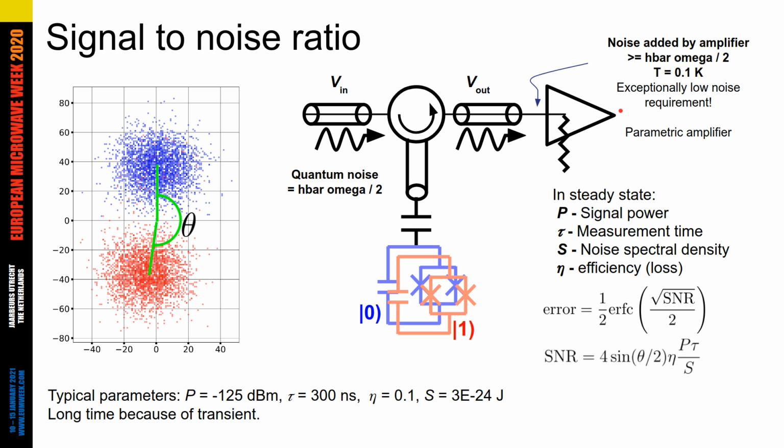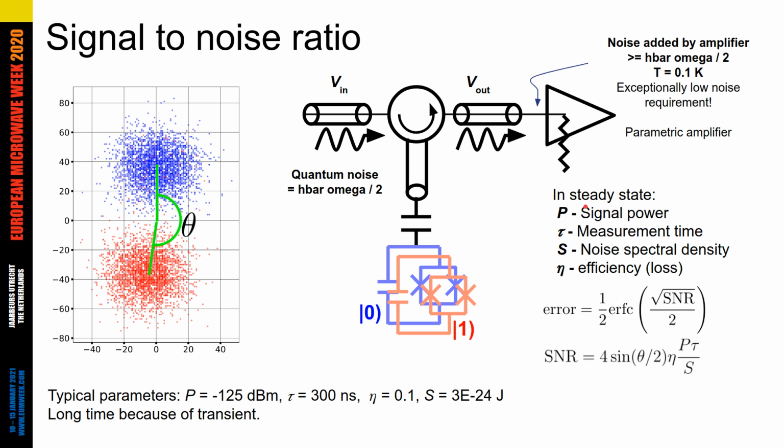But still, that's okay as long as we can realize something with this low noise bound. And in fact, we can. Using a parametric amplifier circuit, which is pretty old technology, but now being done with superconducting materials, you actually can make amplifiers that saturate this noise bound at 0.1 Kelvin of added noise, which is great.